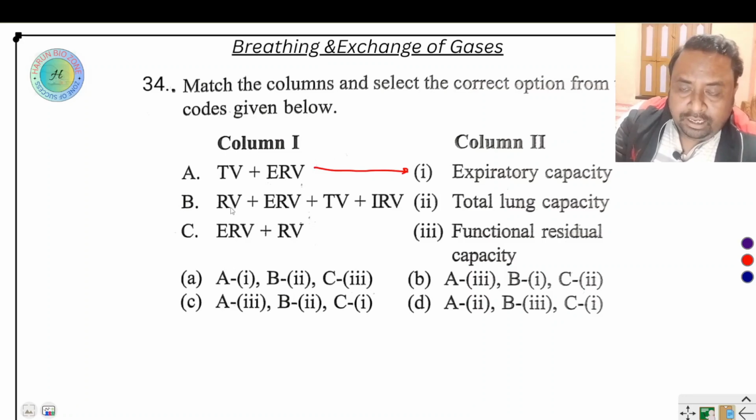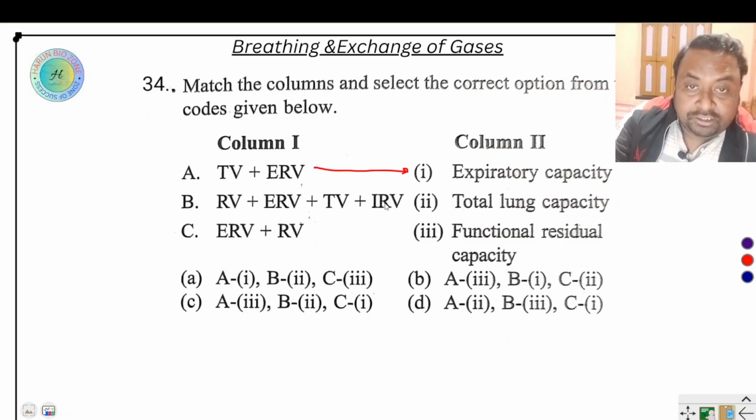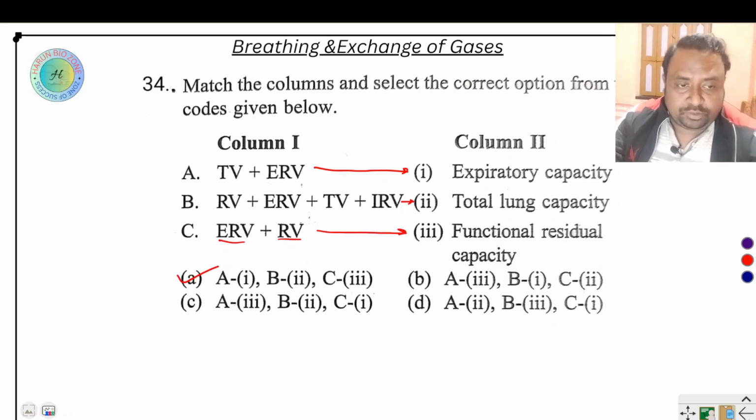Right. Residual volume, expiratory reserve volume, tidal volume and inspiratory reserve volume together is called total lung capacity. Expiratory reserve volume plus residual volume is called functional residual capacity. Okay, so here A is the right option.